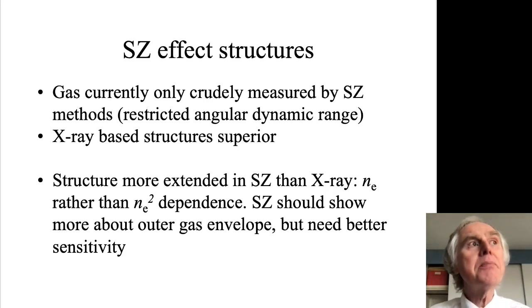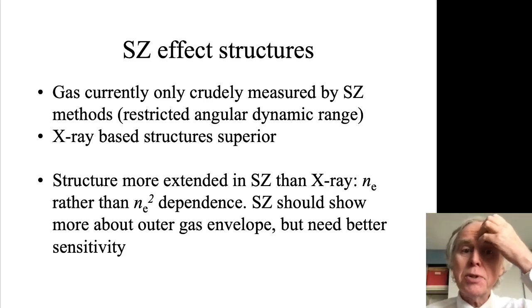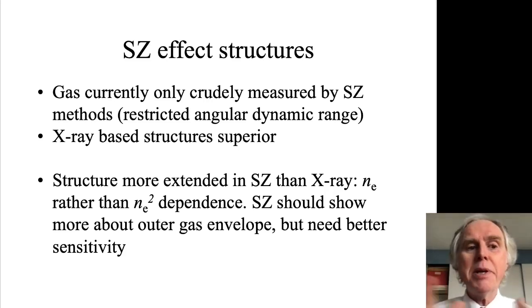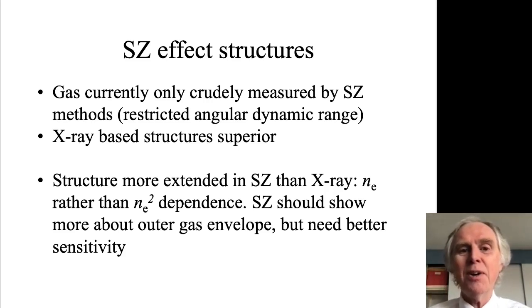But as you go further out, the density drops, and the X-ray emissivity drops like density squared, whereas the SZ emissivity just drops like density. So SZ effects ought to be better at telling you about the outer structures of the envelopes of clusters, the outer parts of cluster atmospheres.